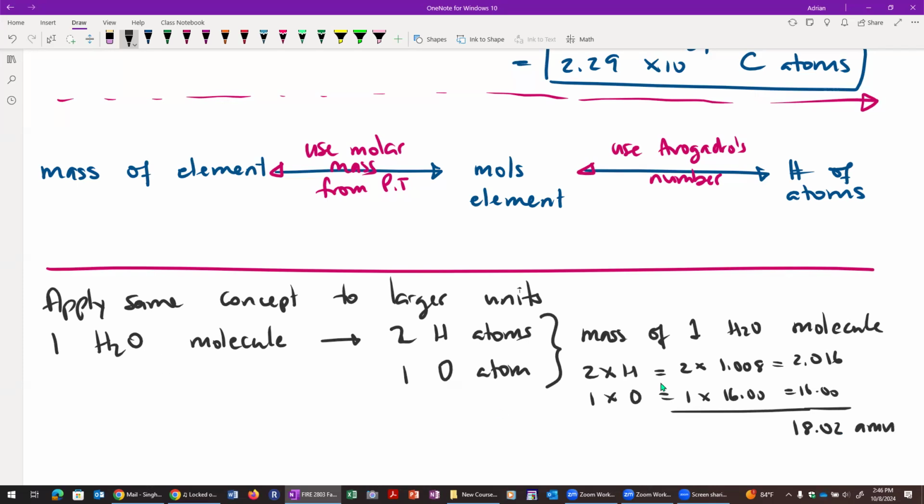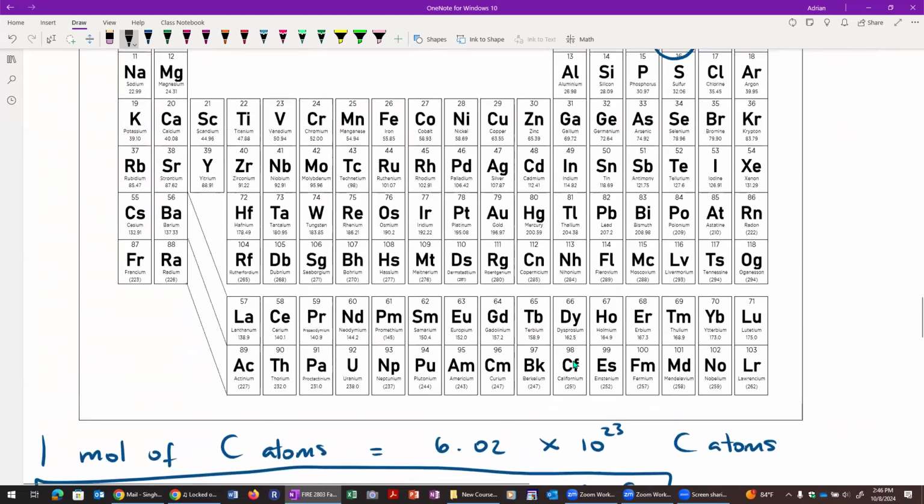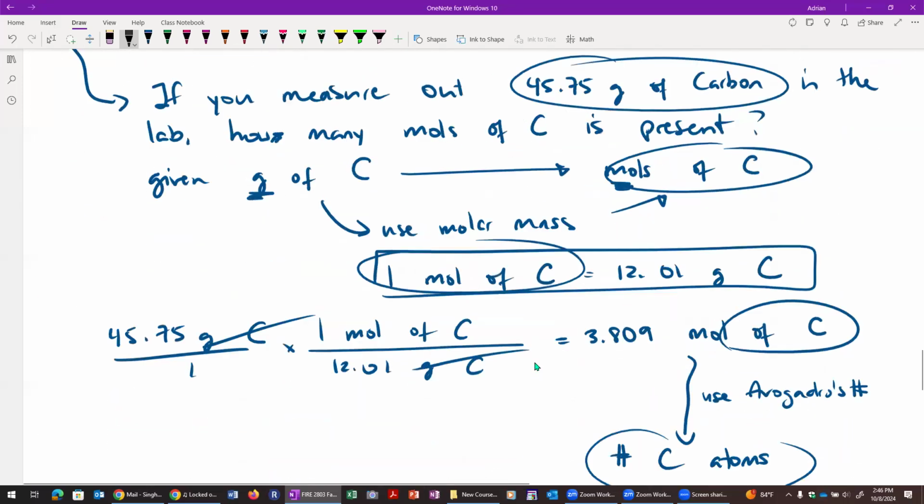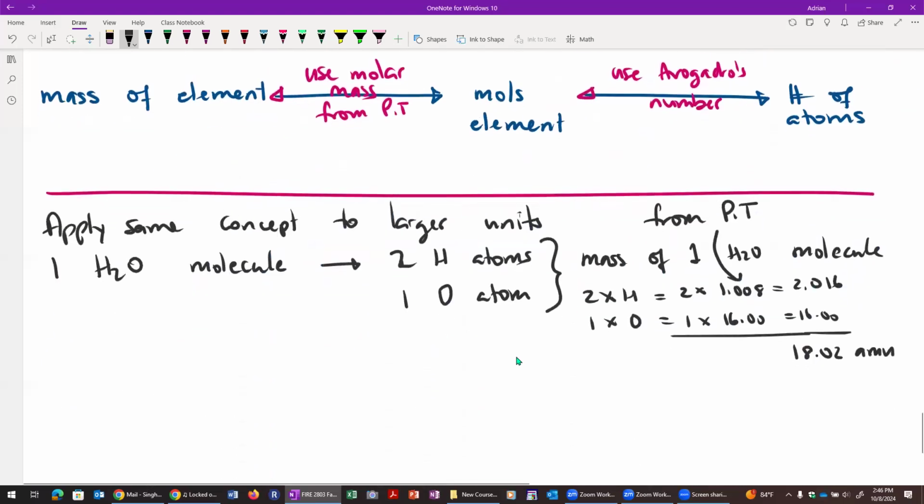All right, so all I'm doing is looking up these atomic masses from the periodic table. I'll just show you really quick, to remind you where those are. For hydrogen and oxygen, hydrogen is over here, and then oxygen over on this side. So for molecules, I can calculate the mass of an individual water molecule.